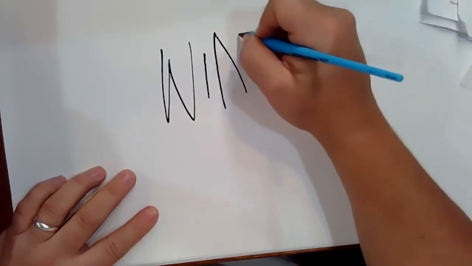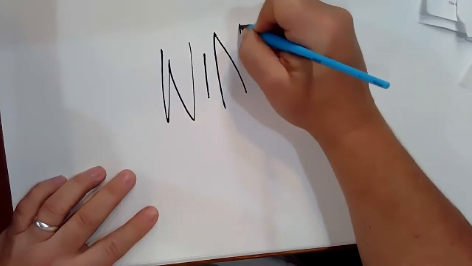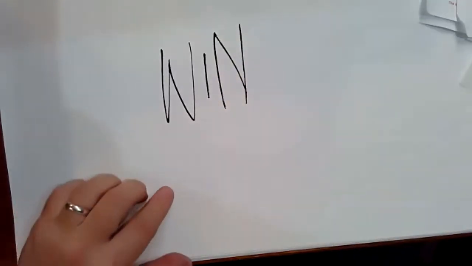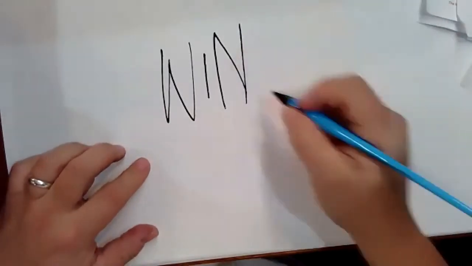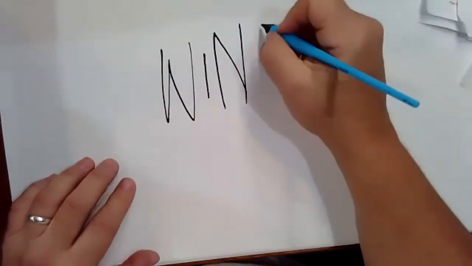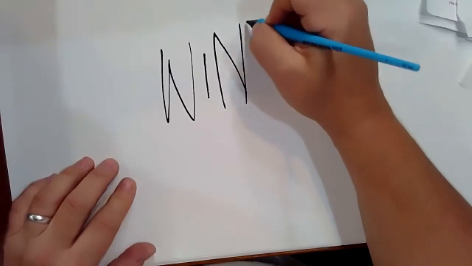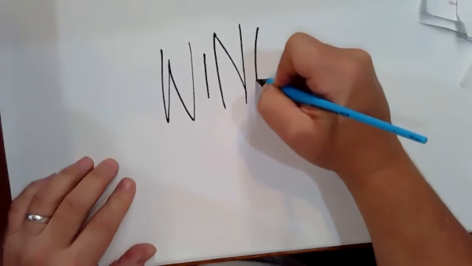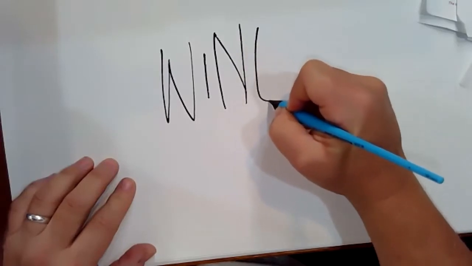That kind of, and then maybe I'll just come out like that a little bit. Wine. And then my E, oh, my E was going to be one of these. Maybe that needs to come out a little bit more because my E is doing this sort of thing.